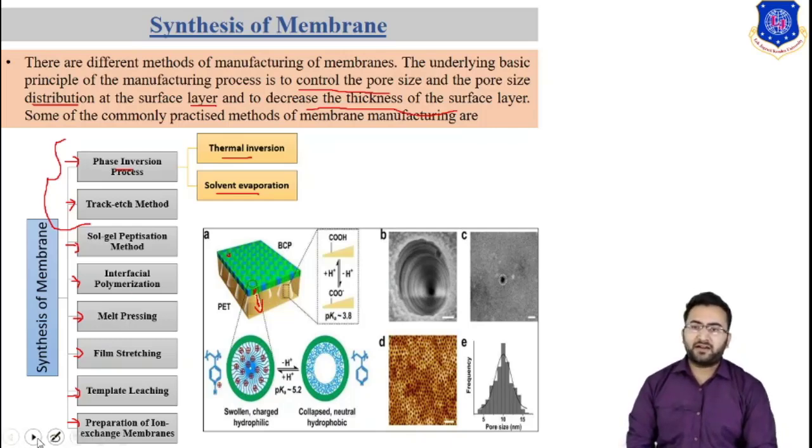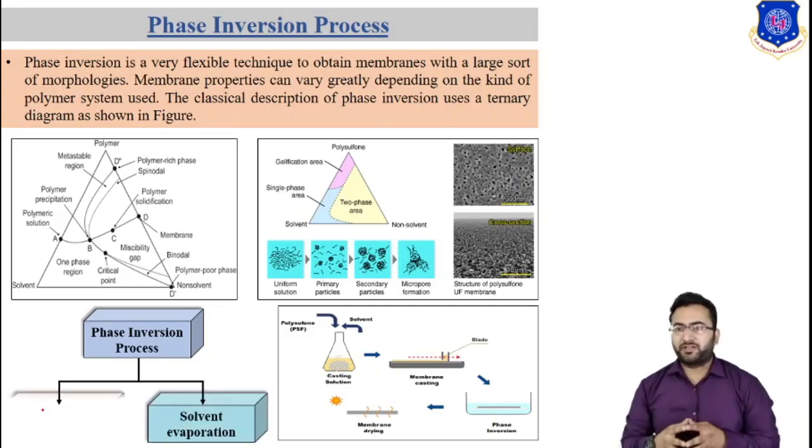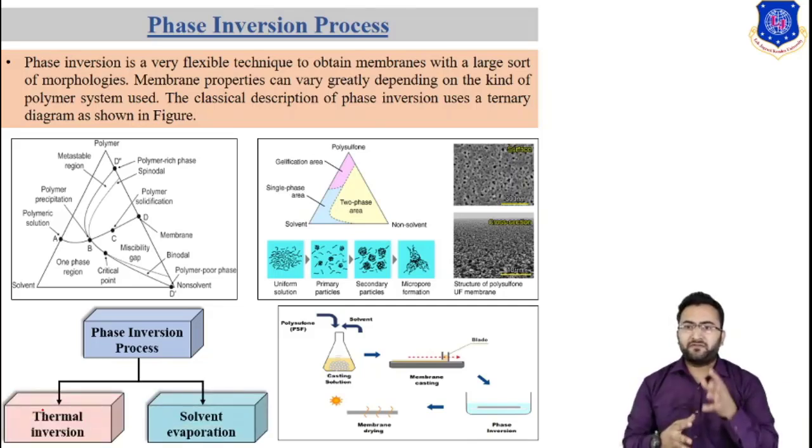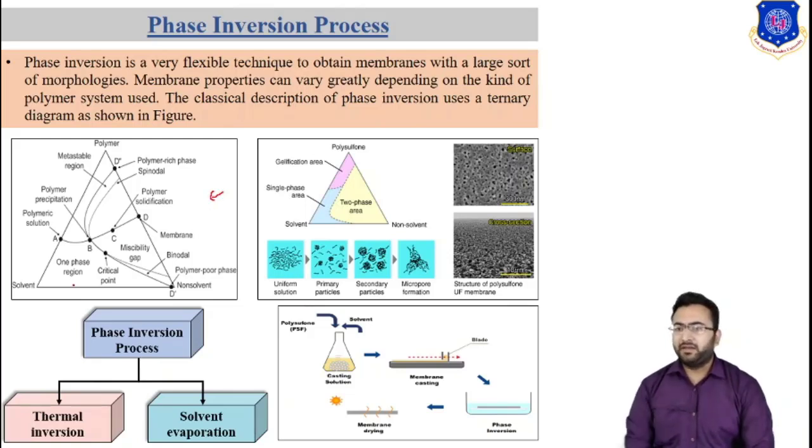So let's first start with the phase inversion process. Phase inversion is a very flexible technique to obtain membranes with a large variety of morphologies. Membrane properties can vary greatly depending on the kind of polymer system used. The classical description of phase inversion uses a ternary diagram, as shown in this figure. In this ternary diagram, there are three sides.